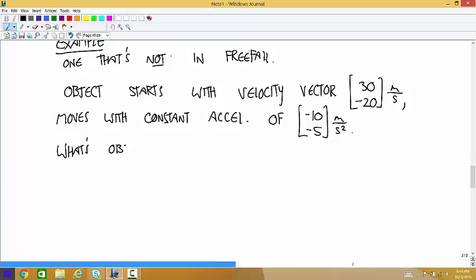What's the object's displacement over 5 seconds?